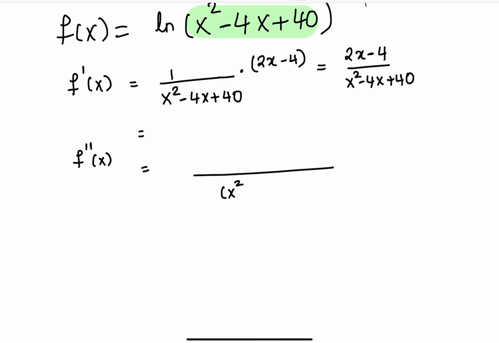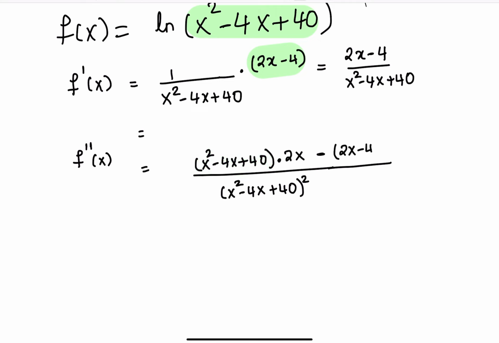It is the denominator x squared minus 4x plus 40 whole squared, times x squared minus 4x plus 40 times the derivative of 2x minus 4, which is 2x, minus the derivative of x squared minus 4x plus 40, which is 2x minus 4, times the first function, which is 2x minus 4. So quickly recap, how do you find the derivative of fractions?